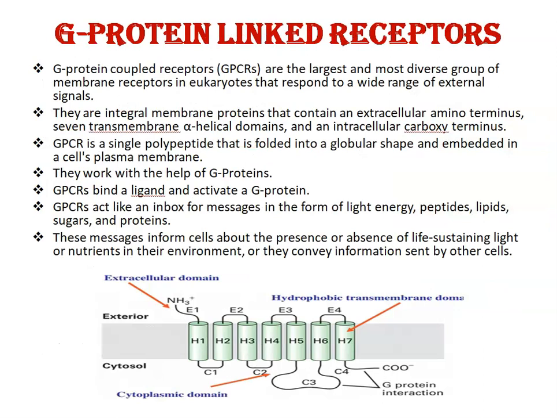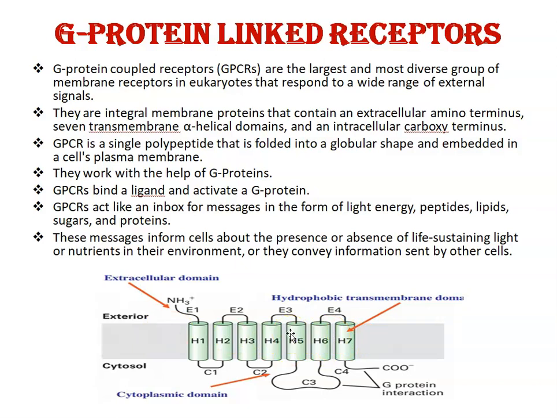Now, G protein linked receptors. G protein coupled receptors are the largest and most diverse group of membrane receptors in eukaryotes that respond to a wide range of external signals. Now, this is a G protein linked receptor. Look at this diagram.